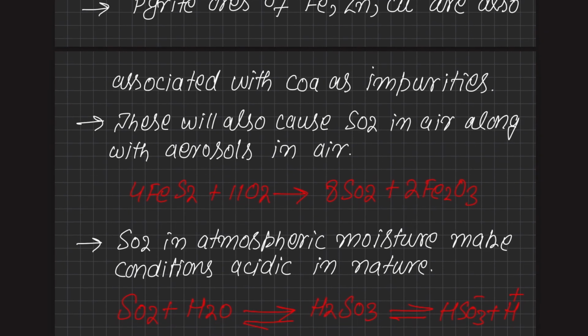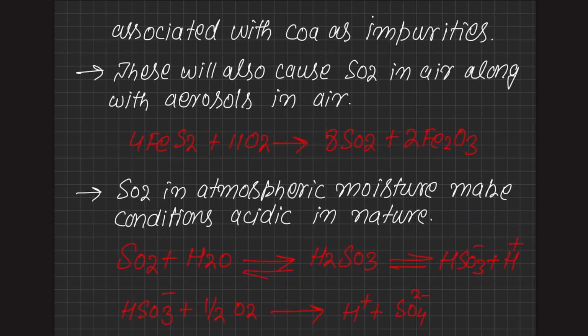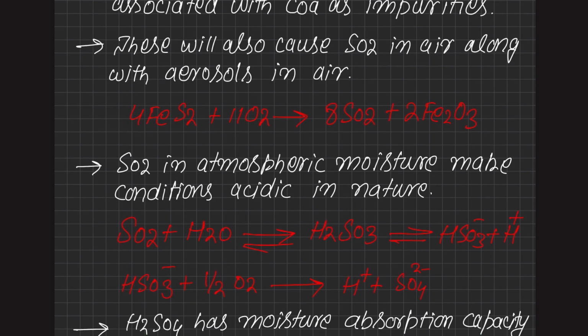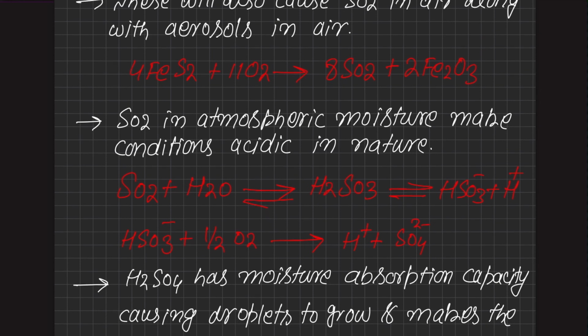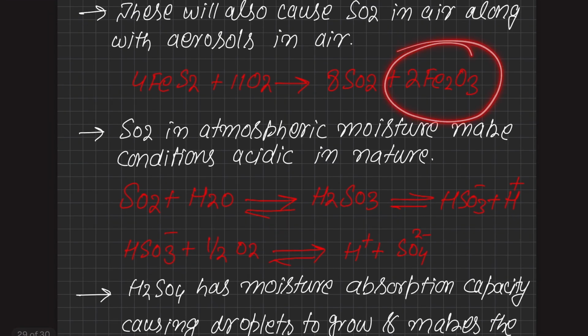They are also contained in the coal, and they also produce sulfur dioxide. The reaction is like 4FeS2, which is iron pyrite, in the presence of oxygen, producing sulfur dioxide and then iron oxide. Here in this equation we see that iron oxide is produced.